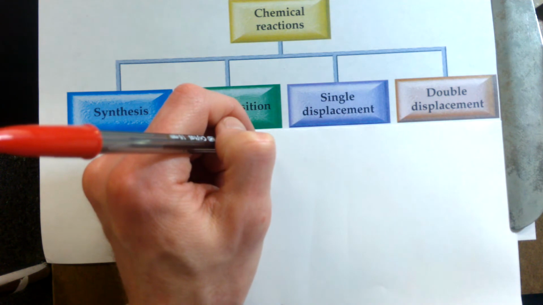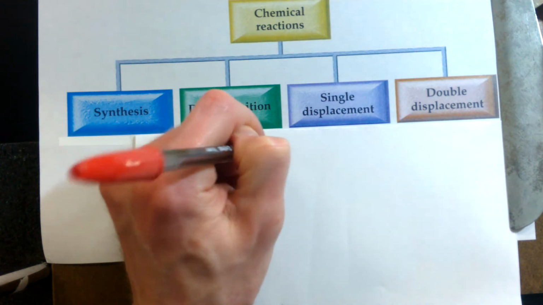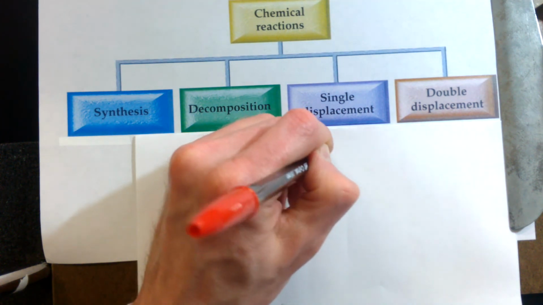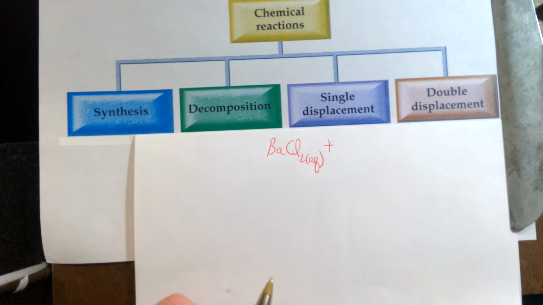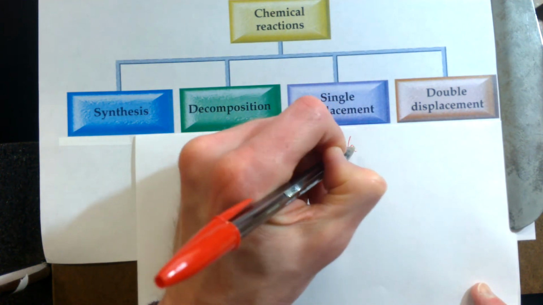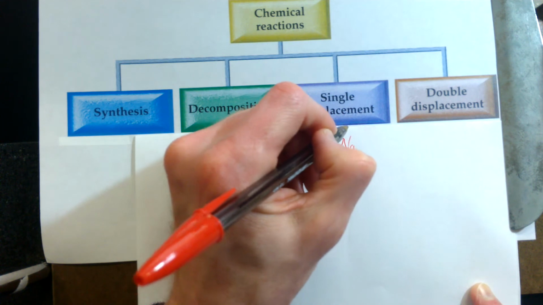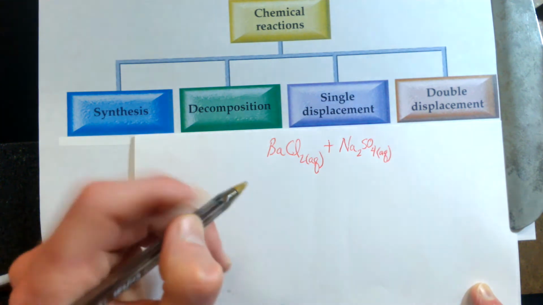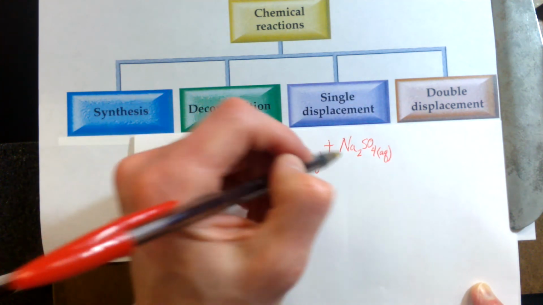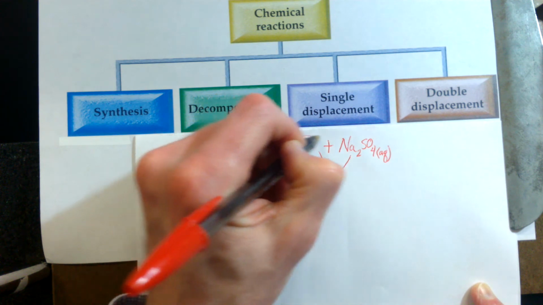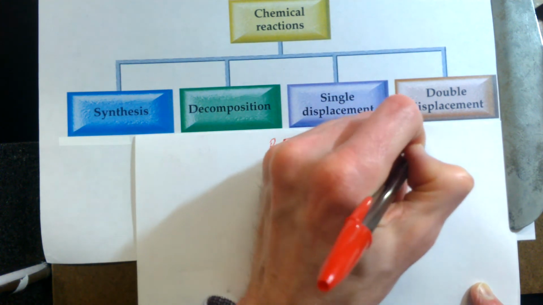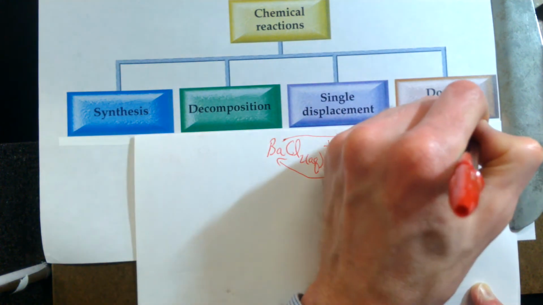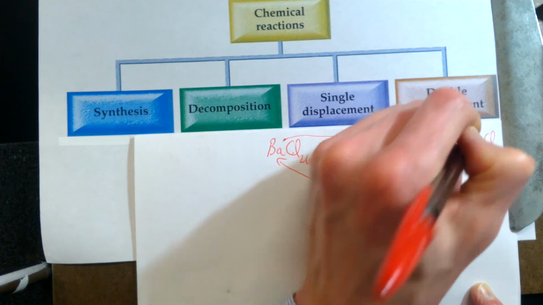Let's have a solution of barium chloride, BaCl2 aqueous, and let's mix it with that sodium sulfate that we had. Both of these are soluble, aqueous solutions here. So our potential products would be barium sulfate and a sodium chloride solution. Okay, that's our potential products.